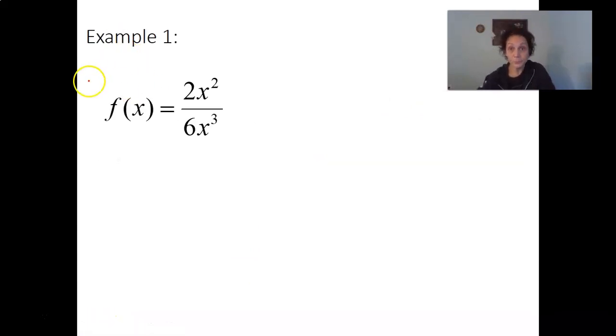Okay, now, this first one, just like the product rule, is completely avoidable. The quotient rule is 100% avoidable here. All you have to do is reduce this. If you could reduce this, it would be 1 over 3x, and you could take the derivative.